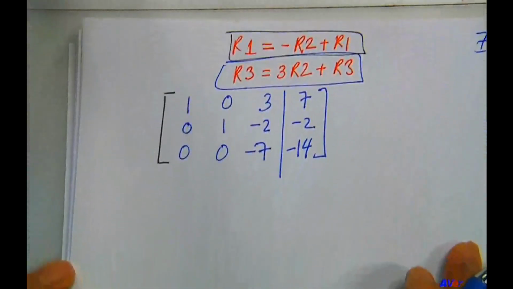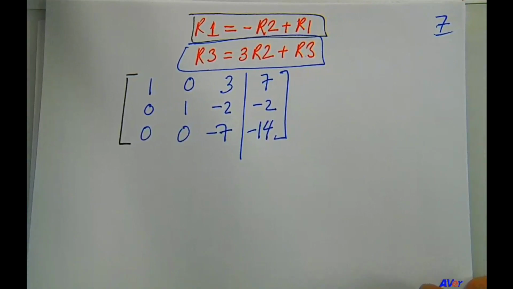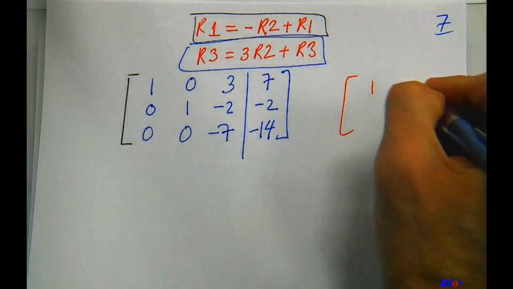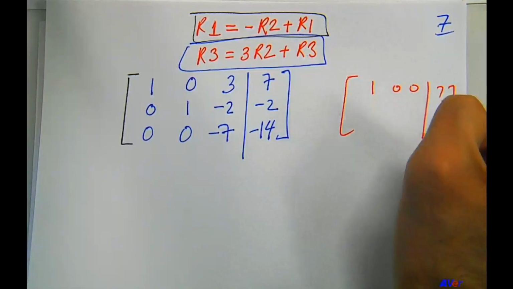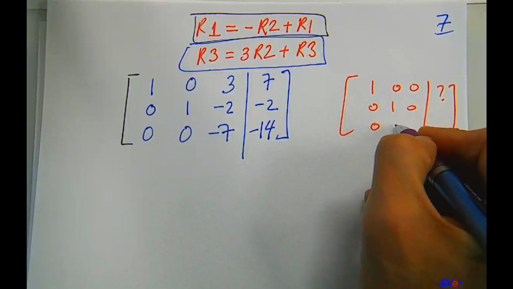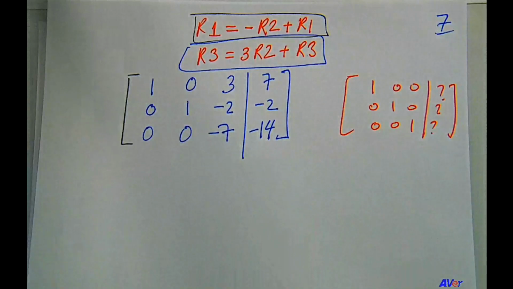So now, compare this matrix that we have now with the reduced row echelon form, which is our objective, right? Our objective is to get this to be that. Are we done with the second column? Yes, right?